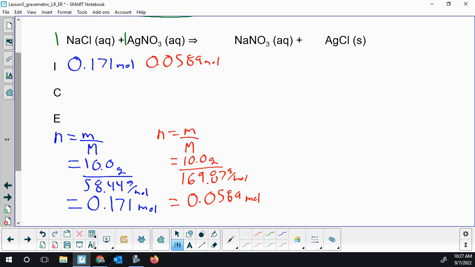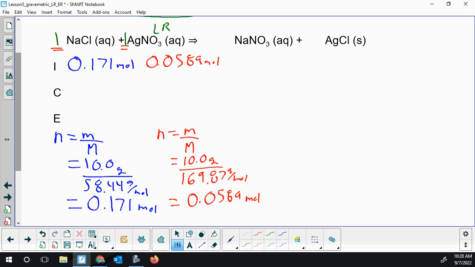Okay. Now I can solve this fairly quickly. We've done the work, we've set things up, we've organized it well. We have this 1-to-1 ratio. Whenever we have a 1-to-1 ratio, the lower moles is going to run out first. So in this case, the lower moles is going to be the red set of numbers.